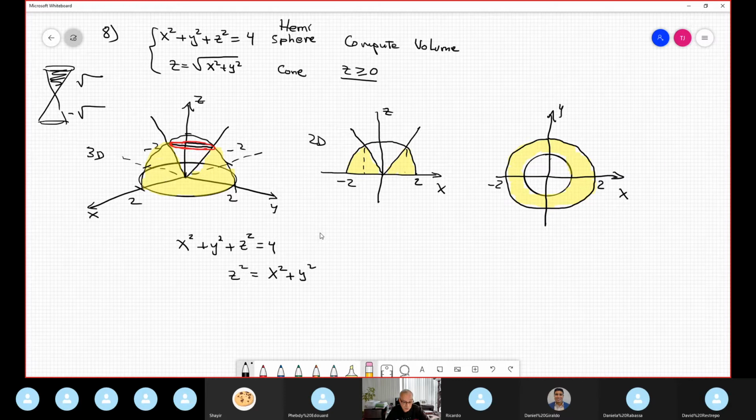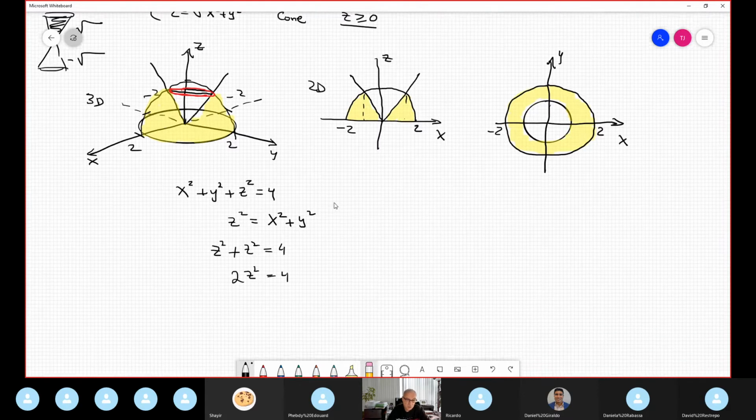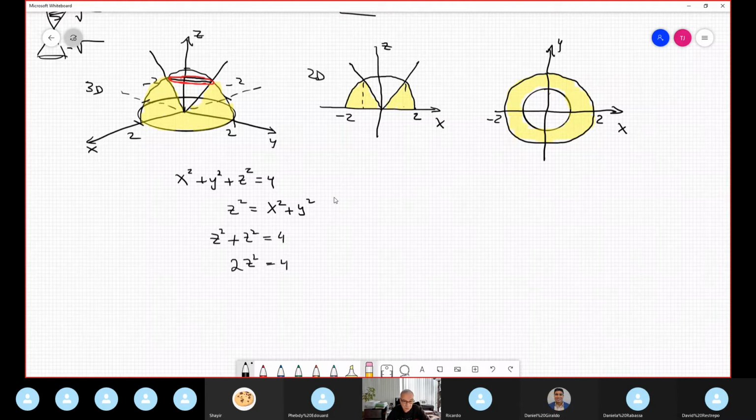Suppose there are many ways to manipulate this. One way is, for example, you replace x squared plus y squared with z squared. So we have z squared plus z squared equal 4. 2z squared equal 4. z squared is equal to 2, dividing by 2 both sides, and z is plus or minus square root 2, no?